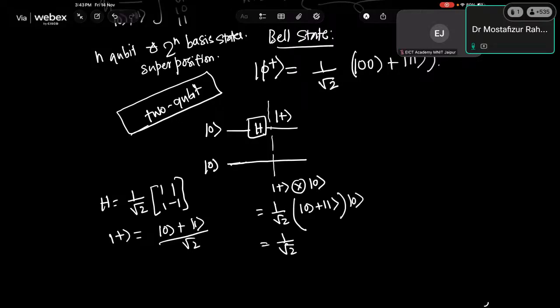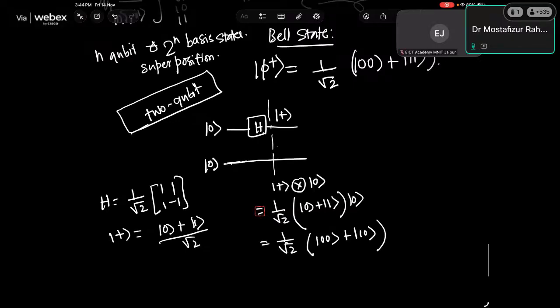So 1 by square root 2 times (|00> plus |10>). This is the state after this. This is a composite quantum system. On the first quantum register I applied a Hadamard, and on the second quantum register I did nothing, right? So then the overall quantum representation after applying the Hadamard on the first qubit is |00> plus |10>, with 1 by square root 2 as just a normalization factor, because all quantum states are normalized unit vectors, right?